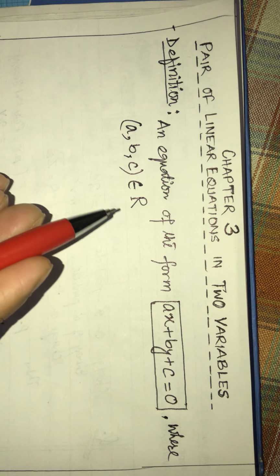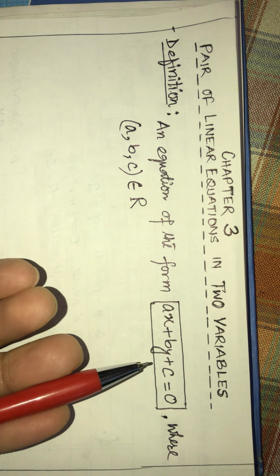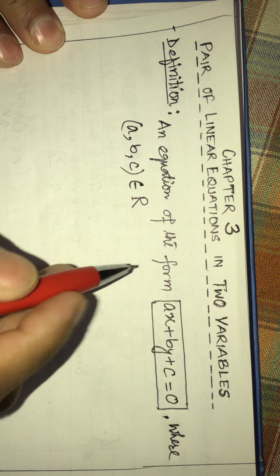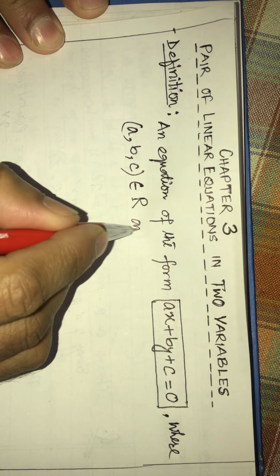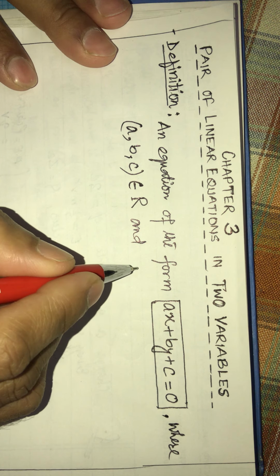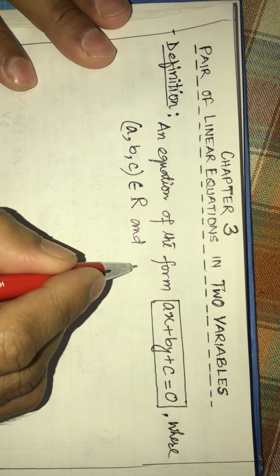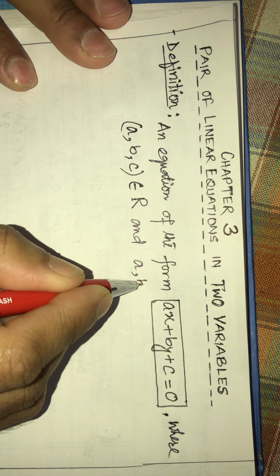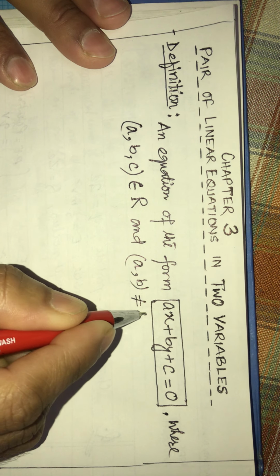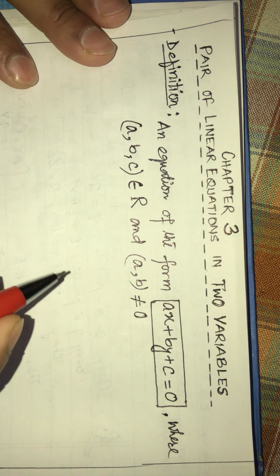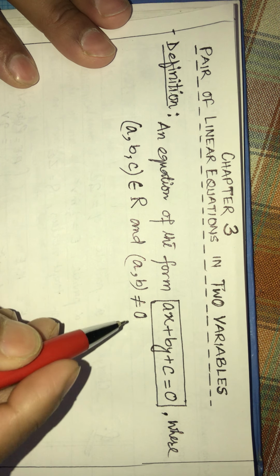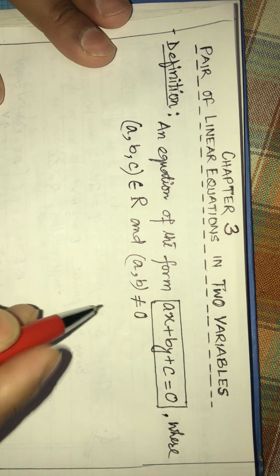So a, b, c are any real numbers. Real numbers we already discussed earlier. And most importantly, this is the condition here: a and b should not be 0. Both a and b should not be 0. This is a very important thing we should remember here.